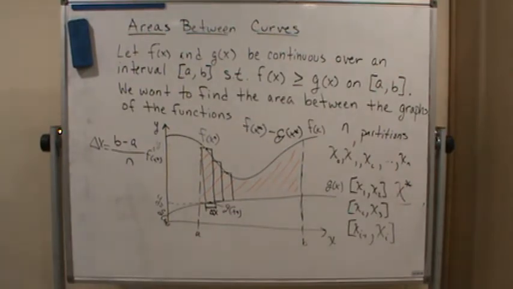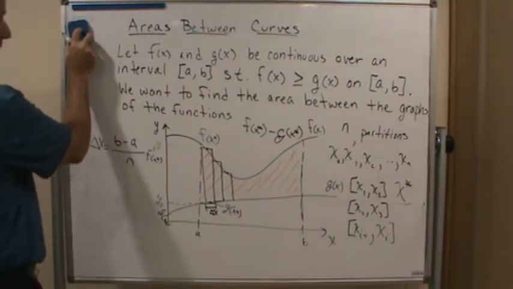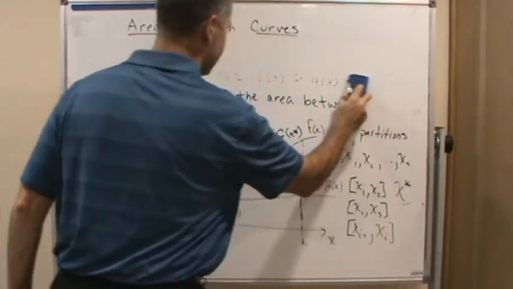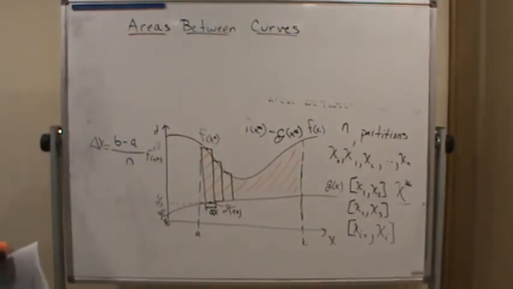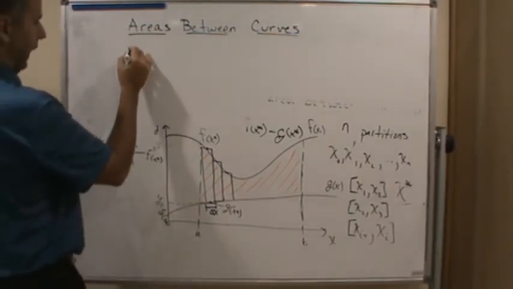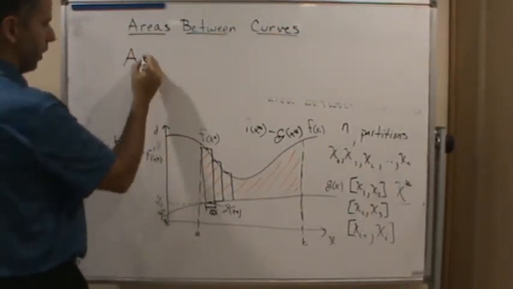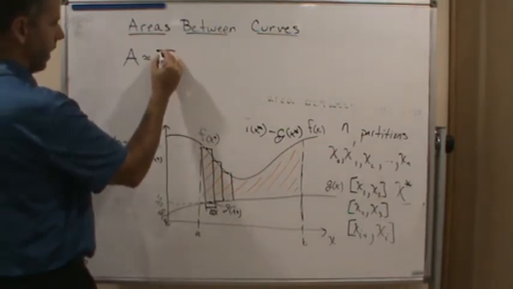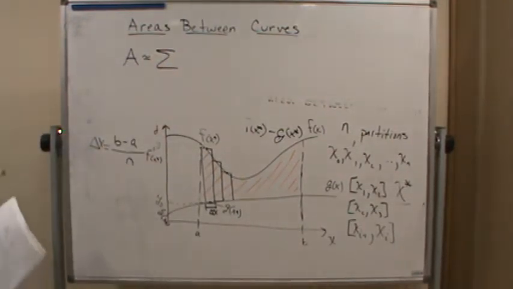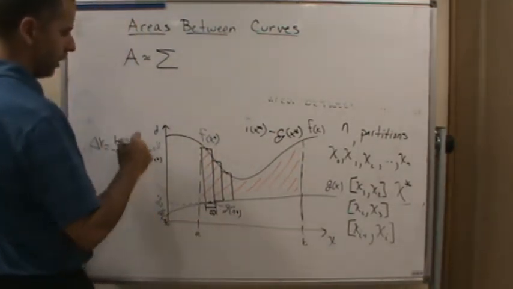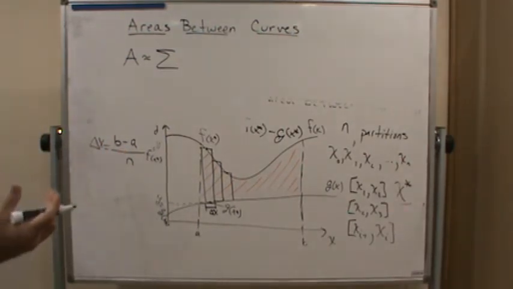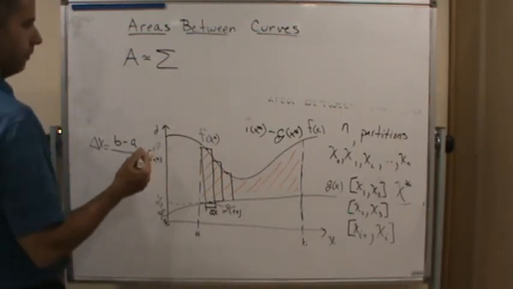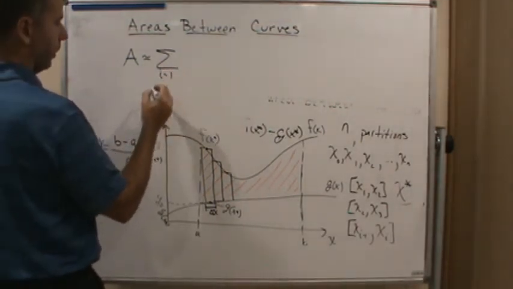So, if we want to approximate the area, what are we going to do? We're going to sum up all of these rectangles. So the area between these two curves is approximately the sum of all the rectangles. How many rectangles are there? It goes from i equals 1 to n.